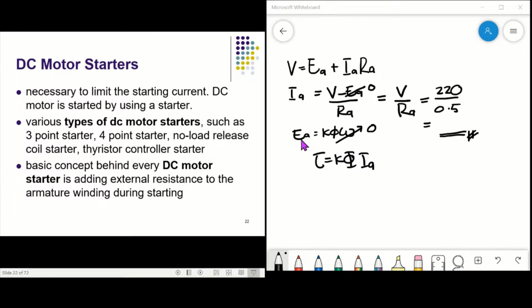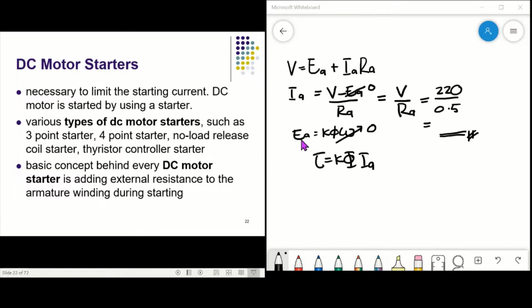To avoid the above dangers while starting a DC motor, it is necessary to limit the starting current. So a DC motor is started by using a starter, which is used to limit the starting current.